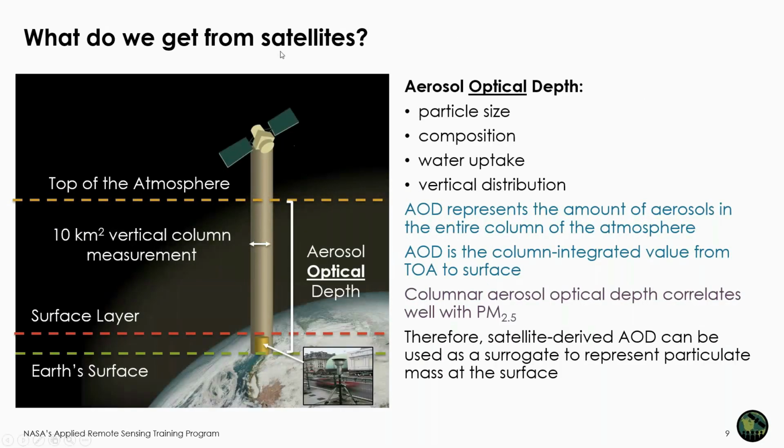Now, what do we get from the satellites? When it comes to satellite remote sensing, what is the physics behind these observations? So this is the Earth's surface over here. This is the top of the atmosphere, where space starts, and most of the satellite sensors operate from an altitude.